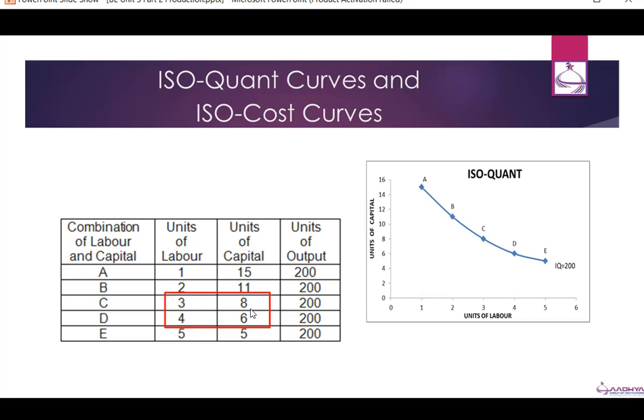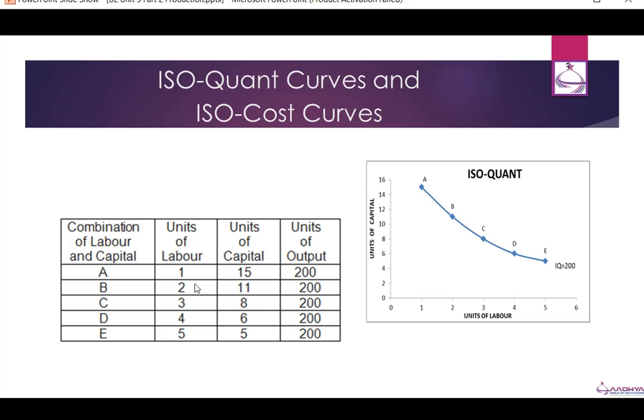That means a 25% decrease. The increase in workers is one third, that is 33%, whereas the decrease in capital is just 25%. So now you need one worker for 2 units of capital.